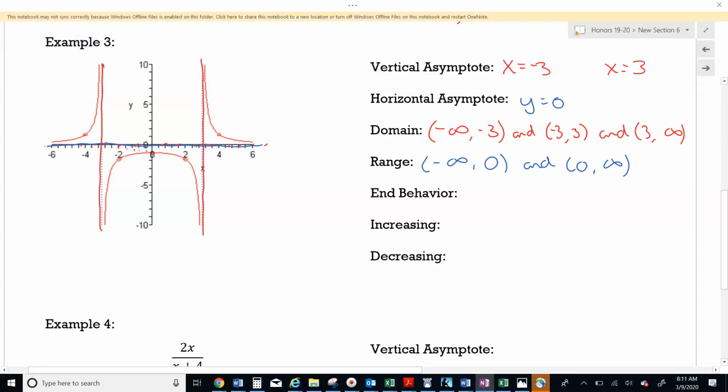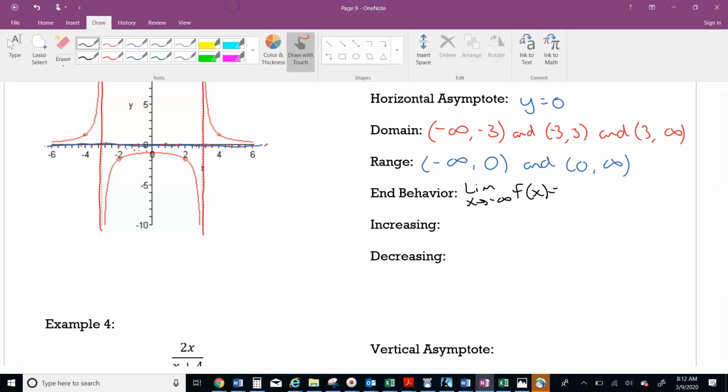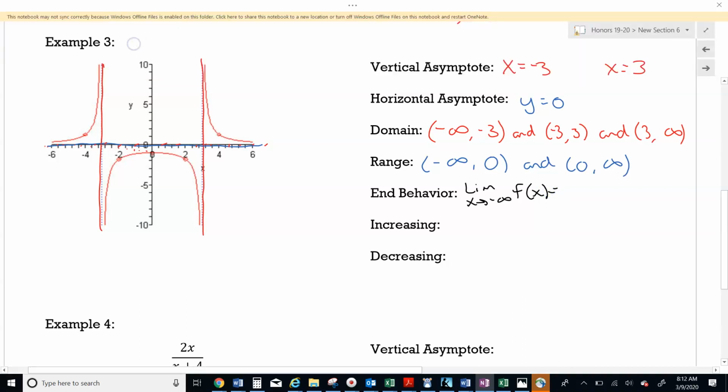And end behavior, same idea still. The limit as x approaches negative infinity of f of x. Again, as I go this way, it's getting closer and closer to that horizontal asymptote. Now, this part looks different, but this isn't at our ends, right?